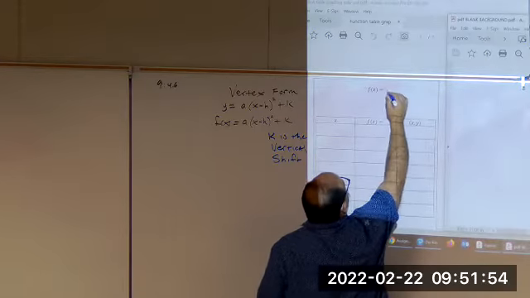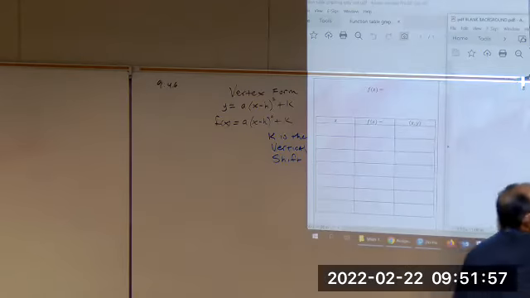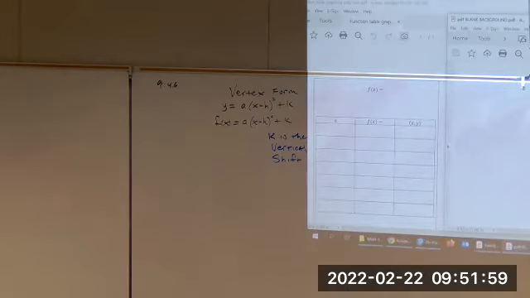F of x equals, this right here is just y equals our character, y equals x squared. We've got the origin at 0, 0. This right here is 1 over, 1 up.